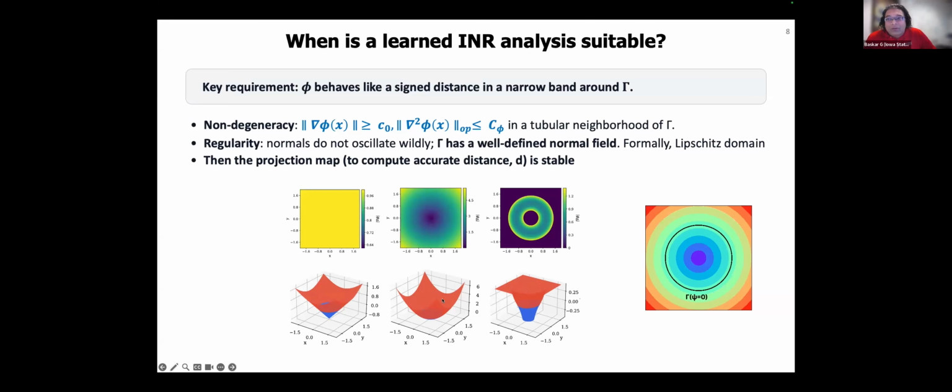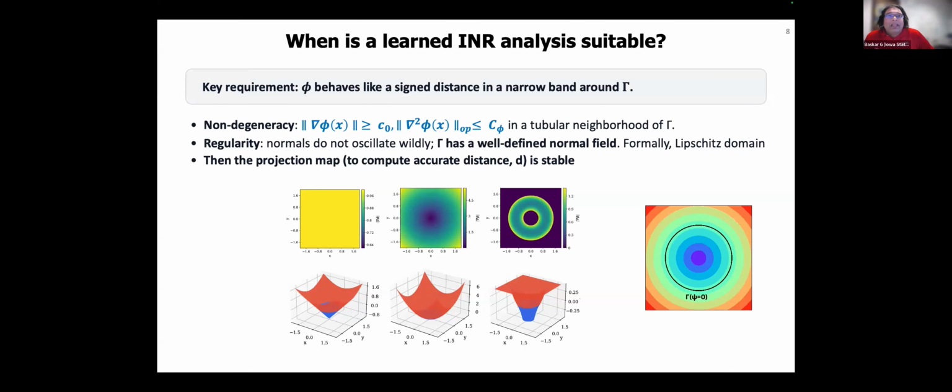And this can be a truncated quadratic function or truncated level set. All these three functions can serve as a valid signed distance field, so a valid phi for performing analysis. This was pretty amazing for us, because I don't have to solve the eikonal equation to get a level set.